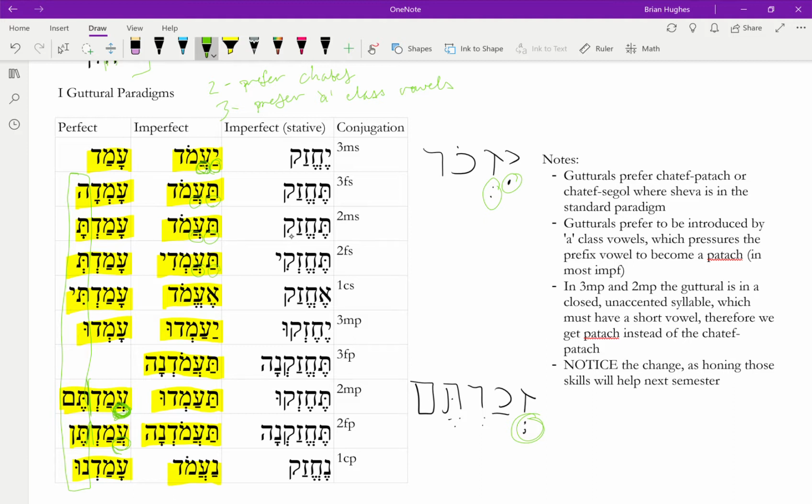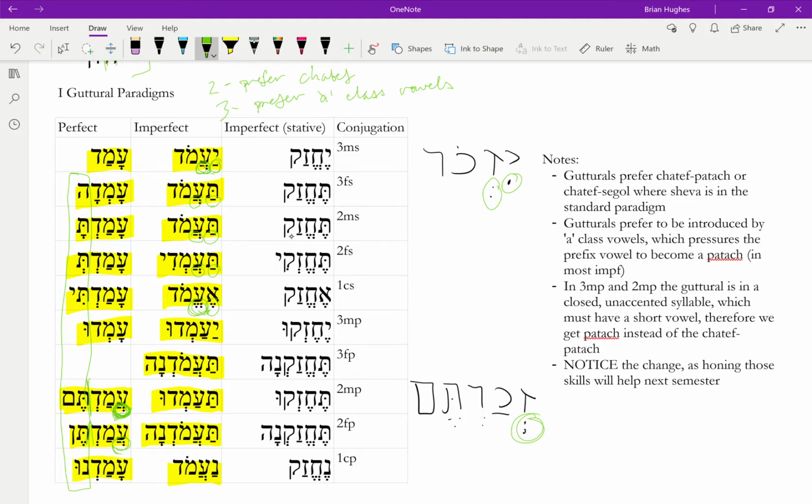Where we get a little different is here we already have the segol, and for some reason this segol stays the same, and the guttural has to compromise. So instead of getting its chatef patach, it matches the short vowel before it, and so it just gets a chatef segol.